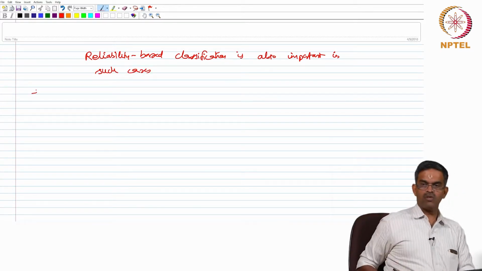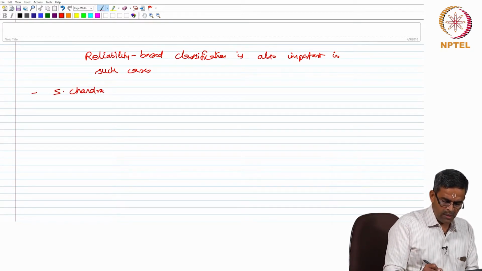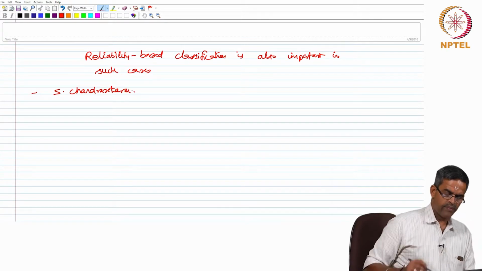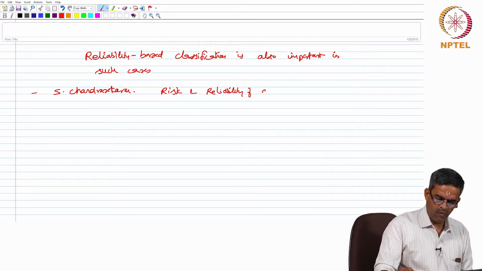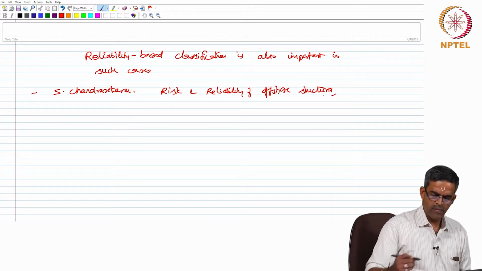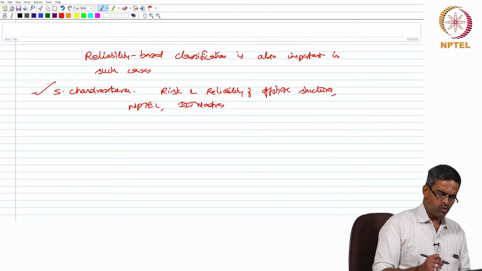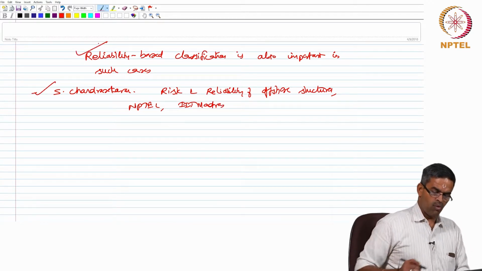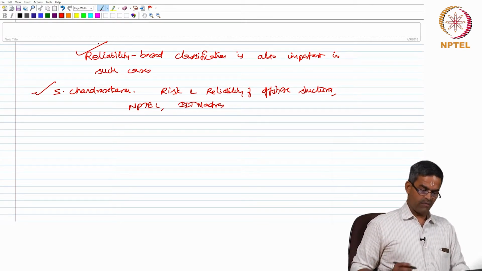So, for your extra knowledge and reading, there is a course in NPTEL, Risk and Reliability of Offshore Structures, which is done by me and NPTEL at IIT Madras. This can be a useful additional reading for people to know more about reliability based calculations for estimating the risk on a given structure.